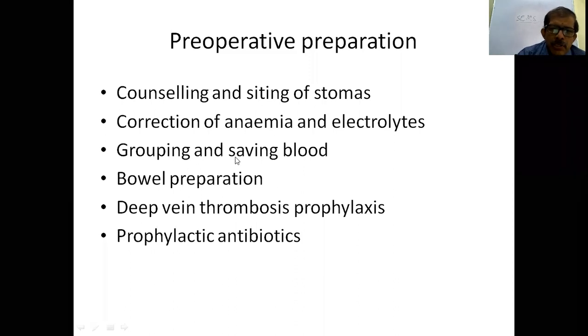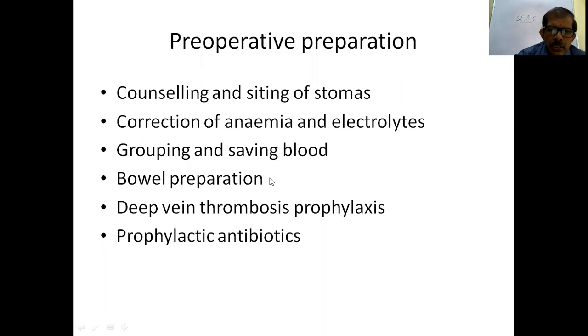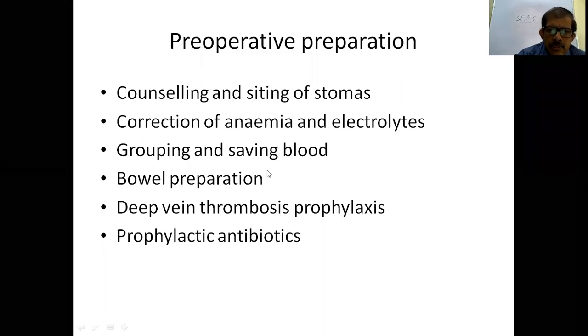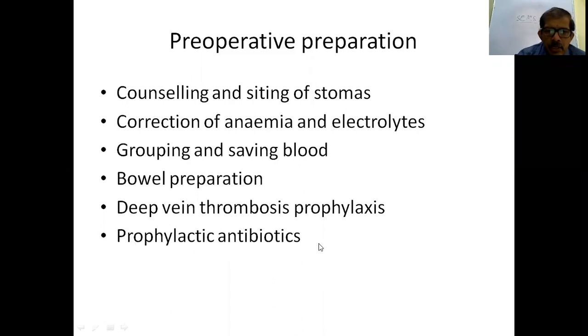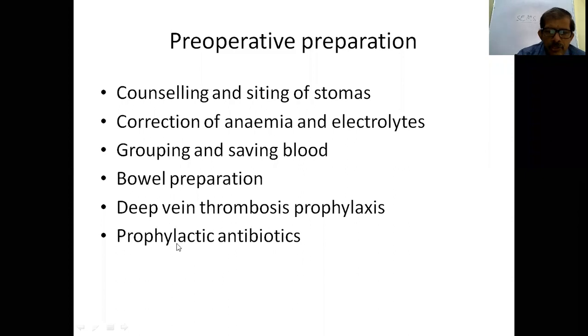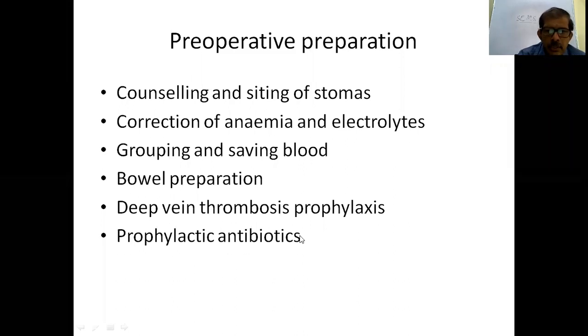Bowel preparation, previously we used to stress very much, but nowadays limited preparation of the bowel is important by giving enemas, and giving a prophylactic antibiotic is also important, of which in addition to antibiotic we need to give metronidazole for anaerobic organisms.